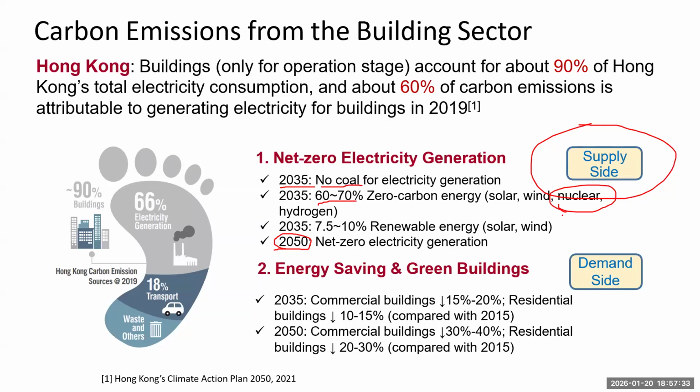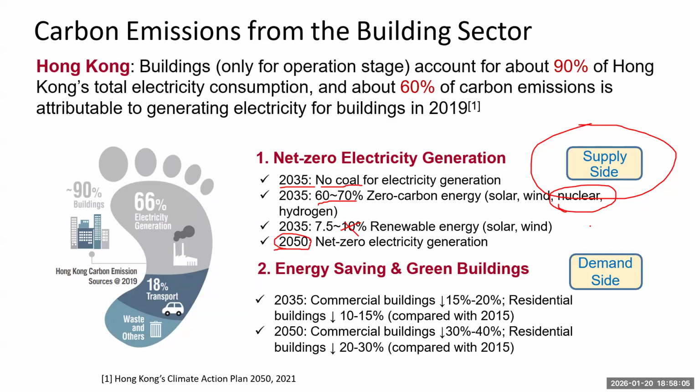And then we expect the share of renewables to reach 7.3 to 10%, but I don't think we can achieve it, because the plan to develop offshore wind farms was given up. So I don't think we can achieve this figure, and we will mainly rely on nuclear power.